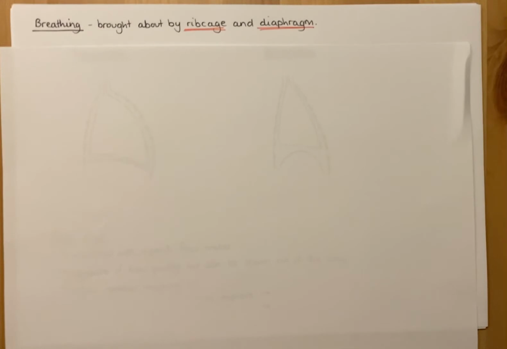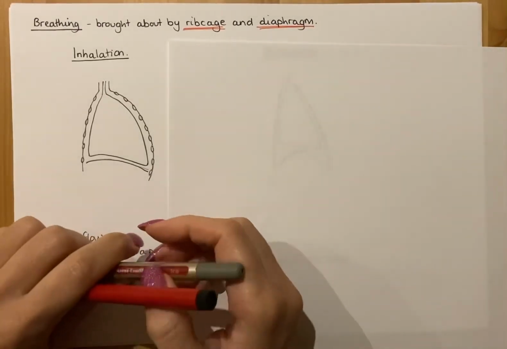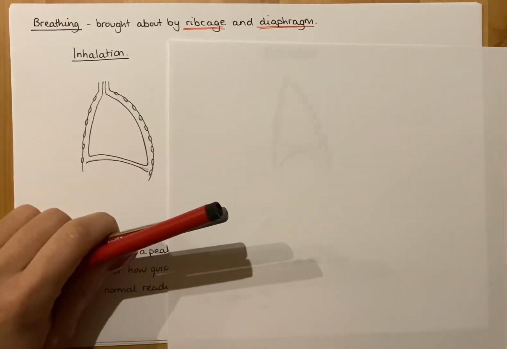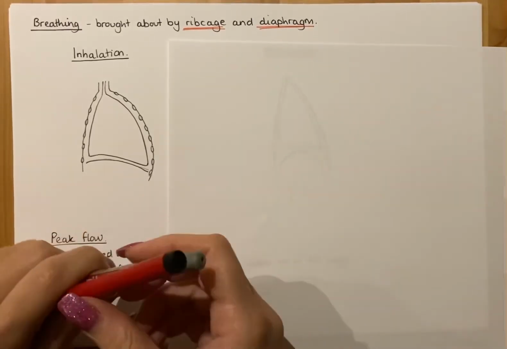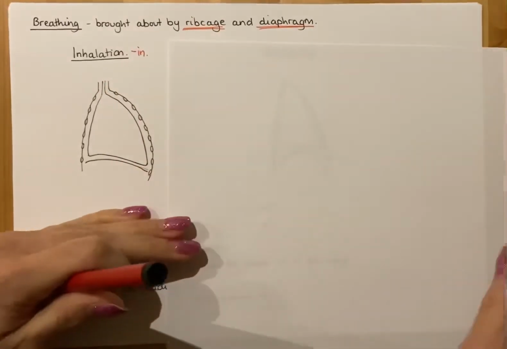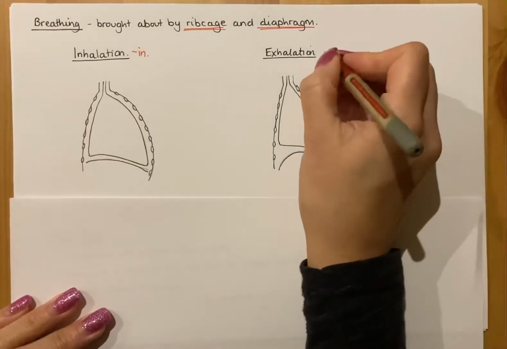So breathing involves two processes. It involves breathing in and it involves breathing out. When you breathe in, that is called inhalation. So when we inhale, you bring in air into your lungs. So inhalation is breathing in. The next one is exhalation, which is breathing out.